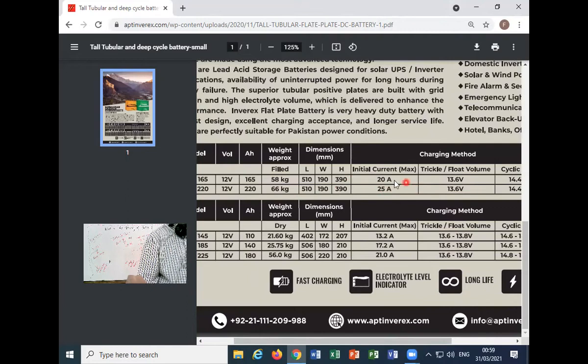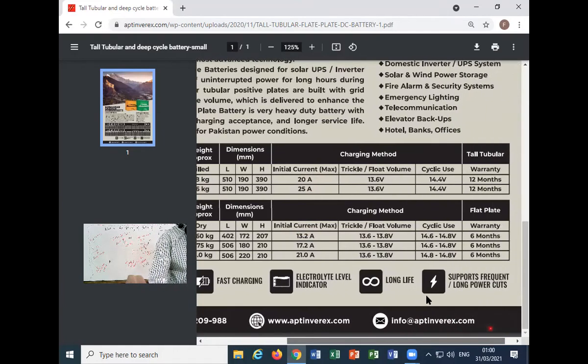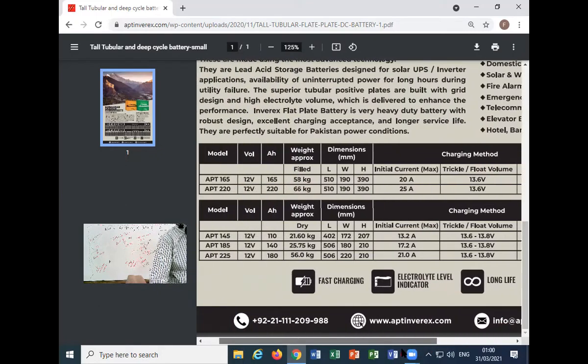It means that although this battery's discharge current is what you calculate using the formula I have just discussed, its maximum charging current is 20 ampere that this battery will draw. So your battery charger or the charge controller must be able to provide 20 amperes of current to fulfill this battery requirement. Okay. And this is a tall tubular, and in this way they have mentioned the warranty. So this is how we identify or understand the rating of the battery.